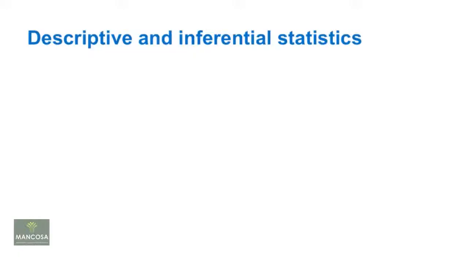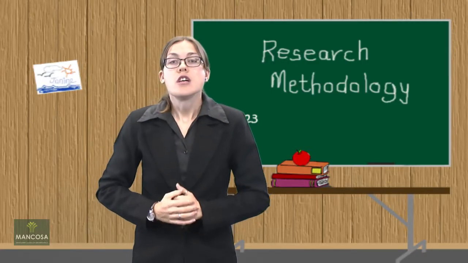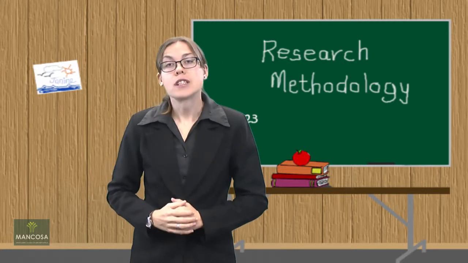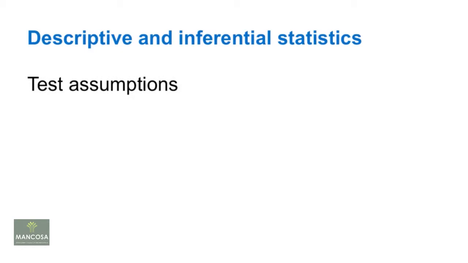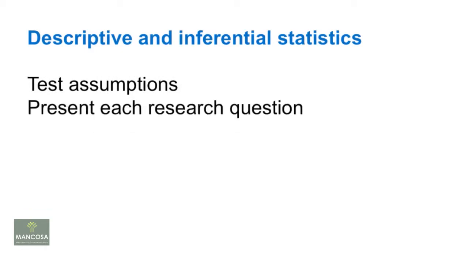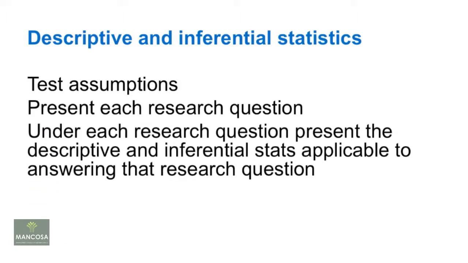Thereafter, you present your descriptive and your inferential statistics. So basically, you will present your findings and you will discuss them. This includes test assumptions and how they were met. You need to present each research question, and under each research question, you need to present the descriptive and inferential statistics applicable to answering that research question.